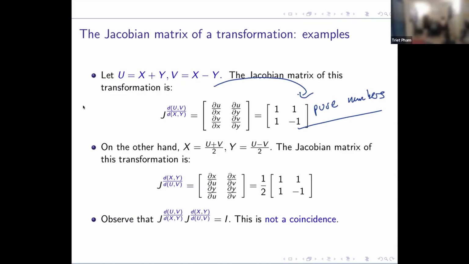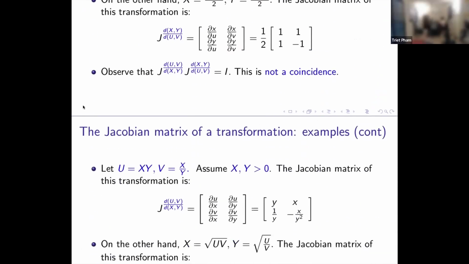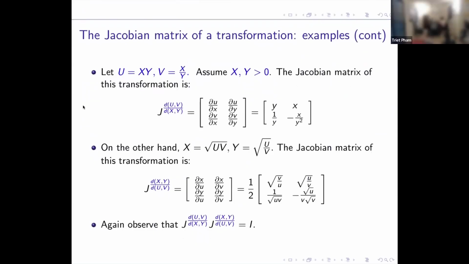This example will show you what you already know anyway: the Jacobian matrices are functions of whatever variables are the independent variables. For example, if we map from xy to uv, then the Jacobian is a function of x and y.